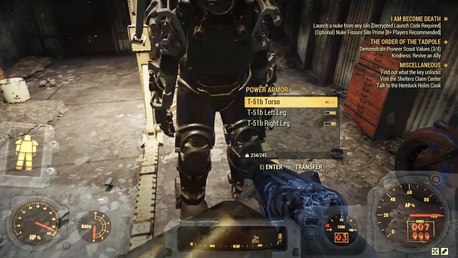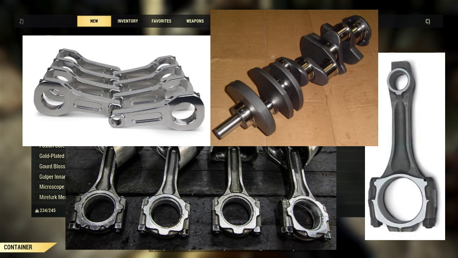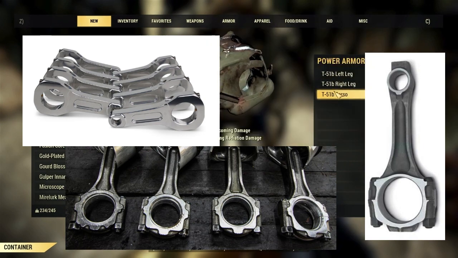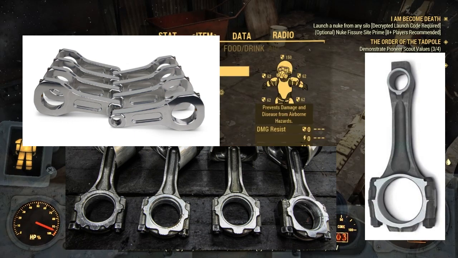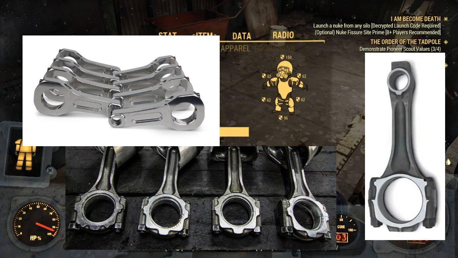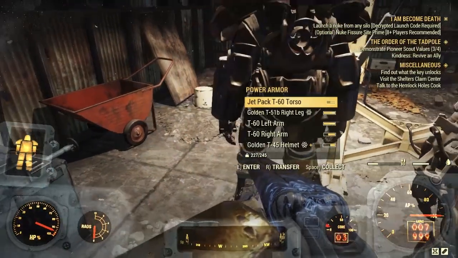Moving on from that, we have connecting rods and crankshaft, as I said earlier. The connecting rods are basically a stick-like part that connects the piston and the crankshaft.